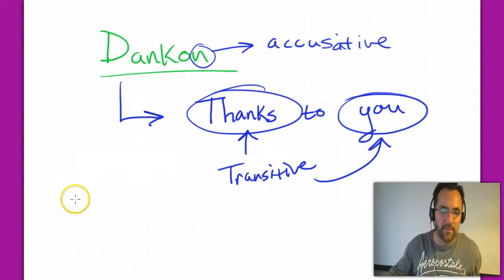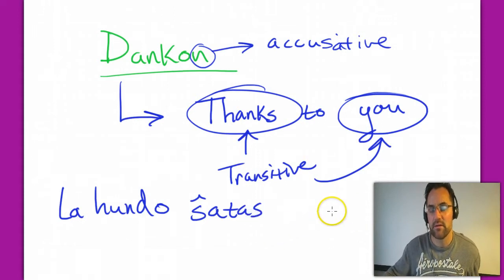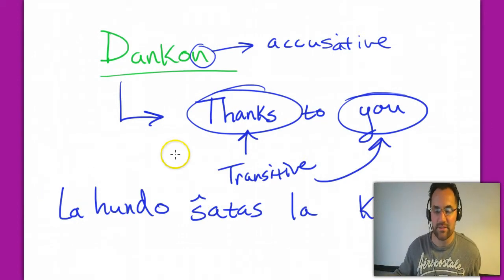For example, la hundo ŝatas, likes, la knabo. So the hound likes the boy. Excuse me.